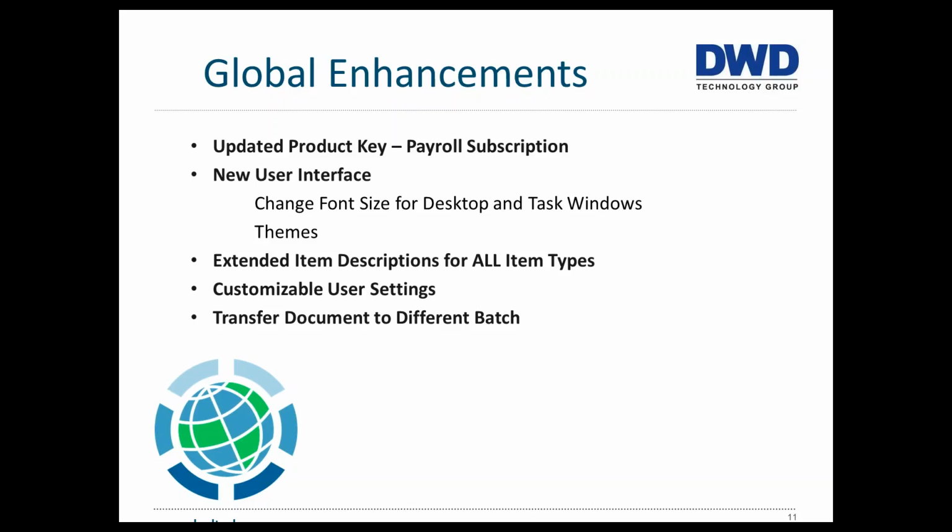And as far as our processing is concerned, what Sage has added for this version is the ability to transfer documents in a batch into a different batch. So we all know how we get to the end of a month or the end of the year, and we're crossing over, and it's early September, and I still have some August invoices that are coming through, and I want to get those posted correctly.